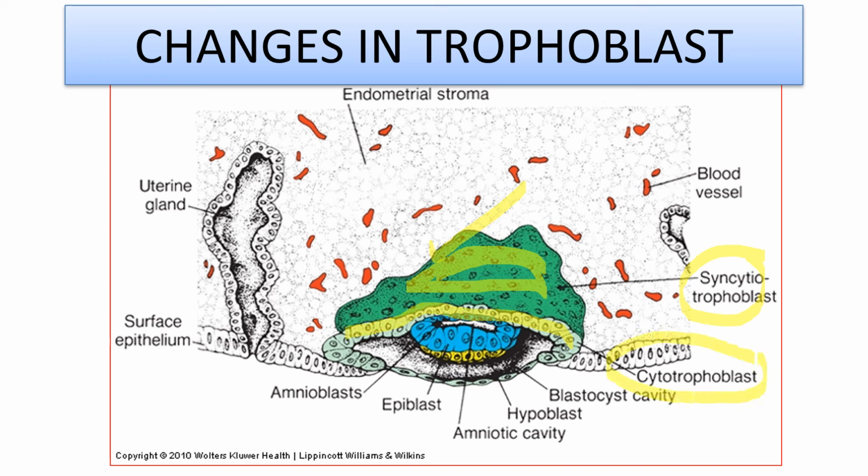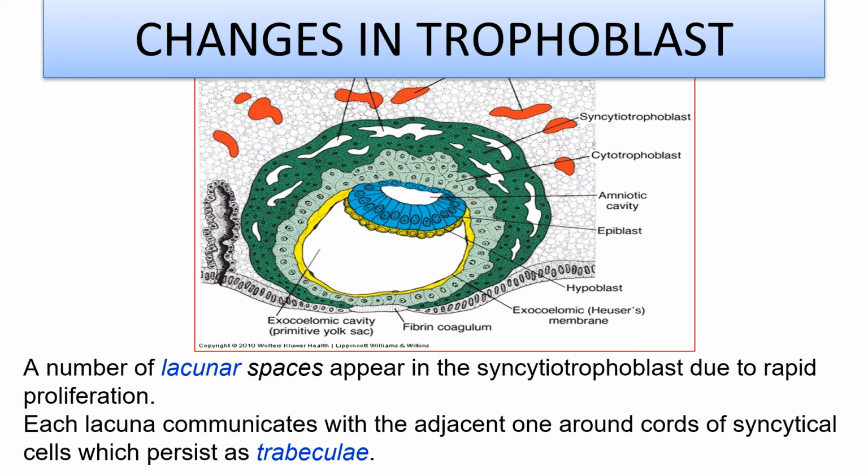So we have seen the changes in the trophoblast into two layers, the outer syncytium and the inner cytotrophoblast. The syncytium is growing enormously so that a number of lacunar spaces appear in the syncytium.